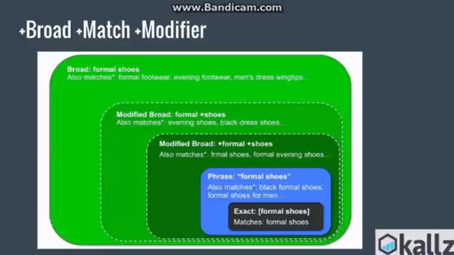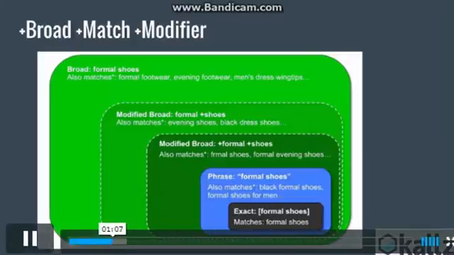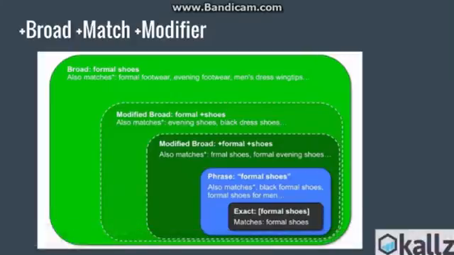To keep that example going, it would be brown dress shoes, purple dress shoes, purple shoes, red shoes, big shoes, little shoes, as long as the word shoes is in there, because shoes has the plus sign, and so that's broad match modifier. Now, if, for example, formal shoes both had a plus, the formal had a plus and the shoes had a plus, then it would require both formal and shoes to be in the search string or search query for the result to show.